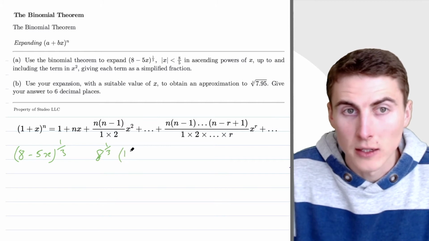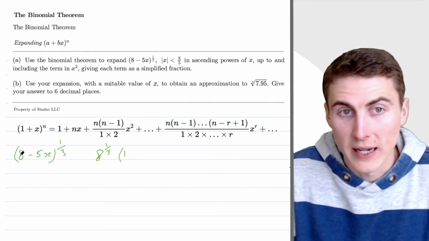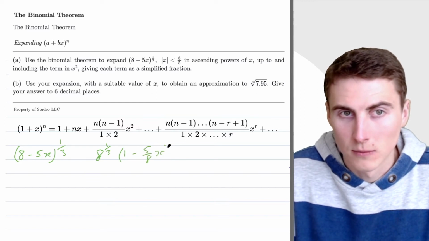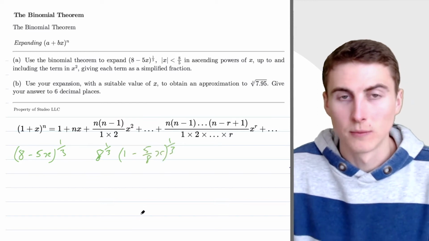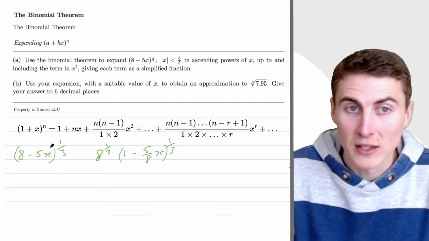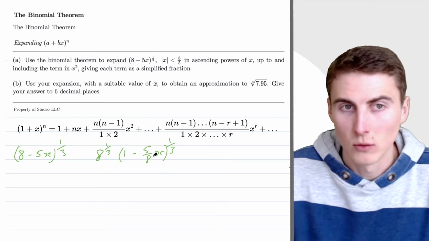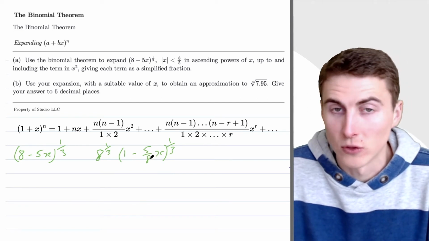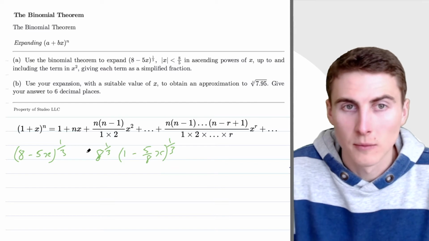And then inside, I'm going to have 1, because 8 divided by 8 is 1, minus 5/8 of x, still to the power of a third. So that's really important. We've pulled out a factor of 8, but we had to divide this 5x by 8 as well, which maybe makes it a tiny bit more difficult to play with, but not very, so it's fine.